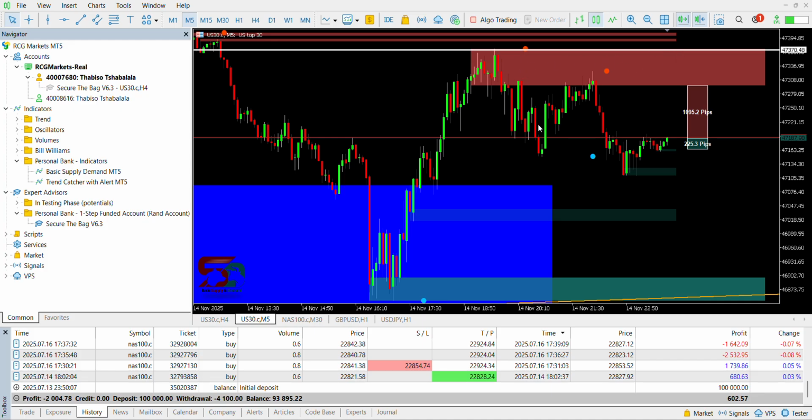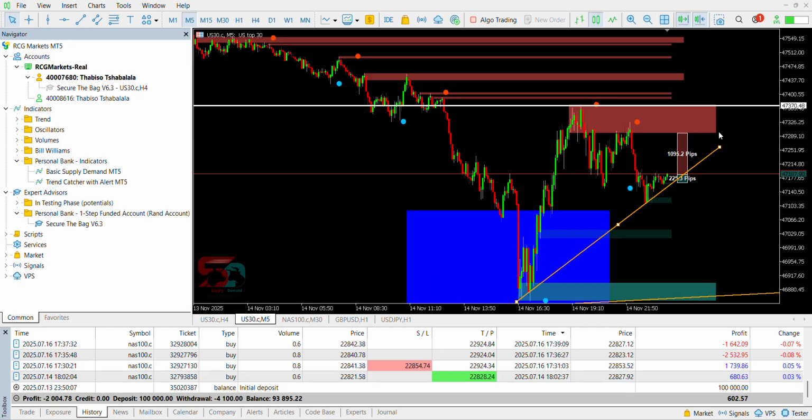Green candle, red candle pushed down with a sell signal coming down. Remember, anytime we hit the demand zone, we need to have red candle, green candle, push up. So I can definitely say that our bullish trend is looking somewhat like this.